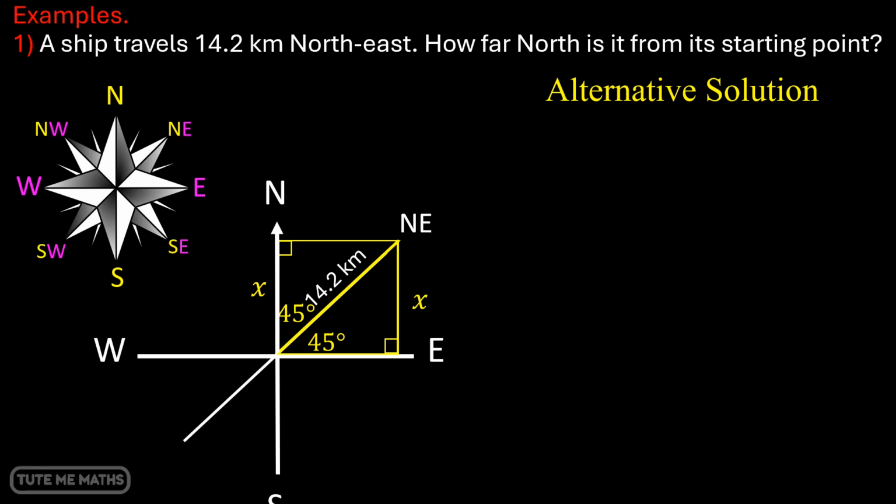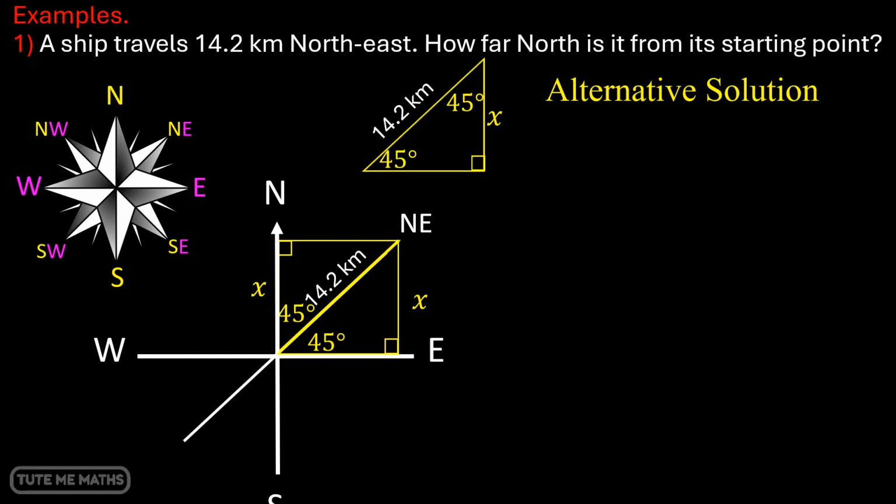Alternatively, this question can actually be solved without using trigonometry, using Pythagoras' theorem instead. Since this angle is 45 degrees, then so is the remaining one. The two angles must add to 90 degrees, or you could subtract 90 and 45 from 180.